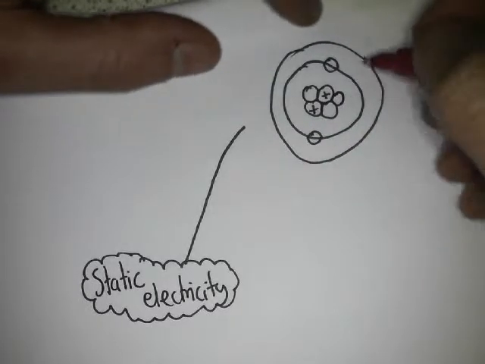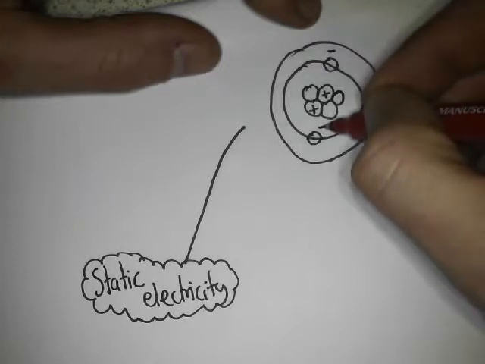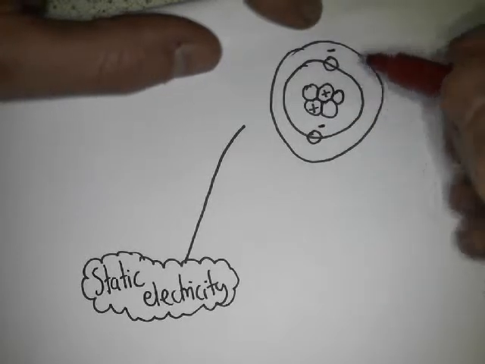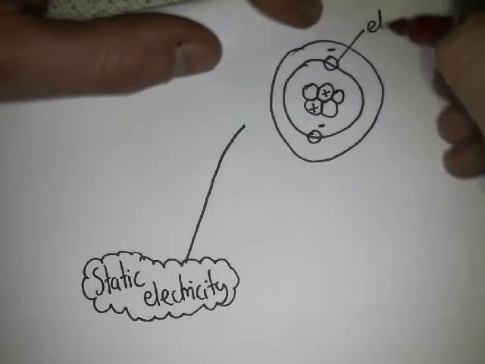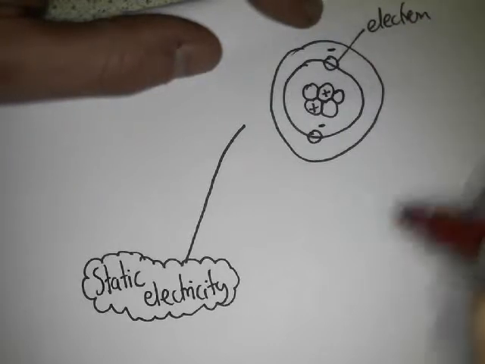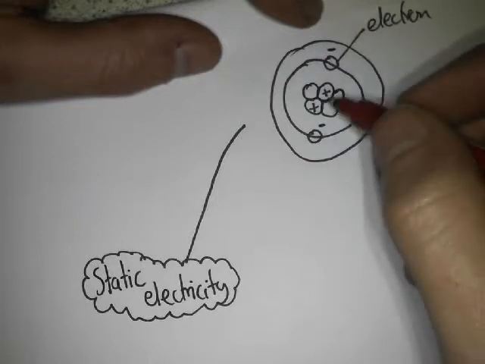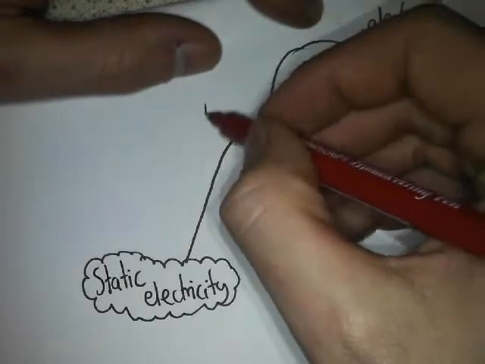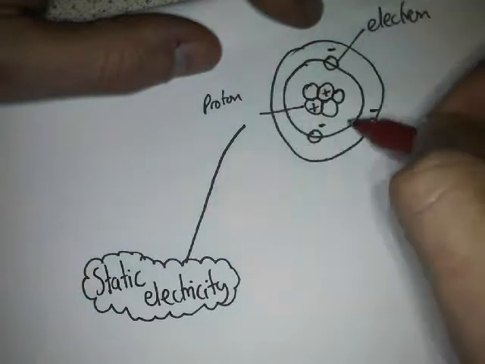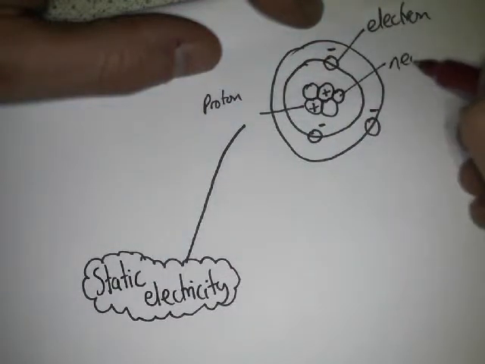Right, okay. Now, we have got these three different particles. We've got an electron flying around the outside of that nucleus. And we've got a proton. And lastly, we've got a neutron.